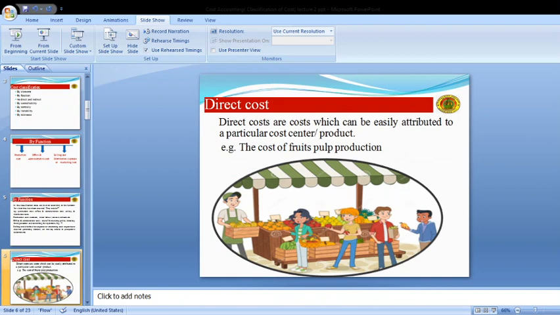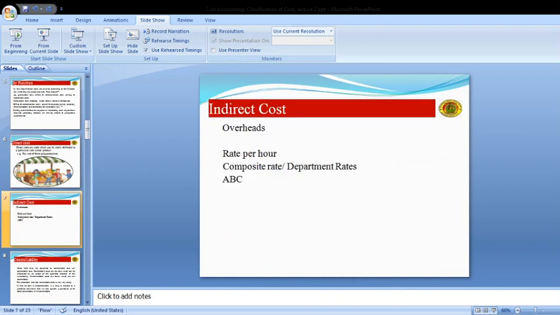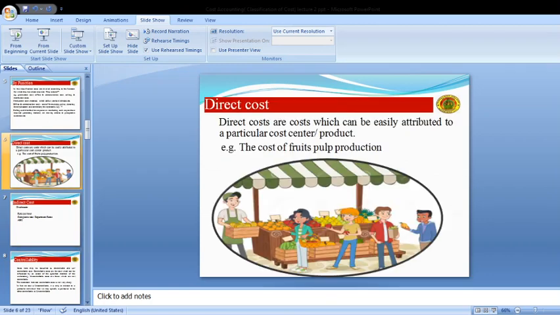But all cost cannot be directly charged. Remember, costs which cannot be charged directly are considered as indirect cost. Suppose we have two fruit fluff marketing units. We have got four types of fruits and we make four types of fluffs. So any fruits purchased we charge to these four units.